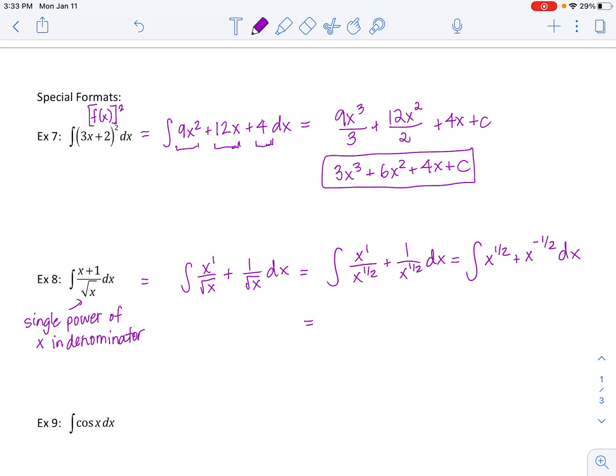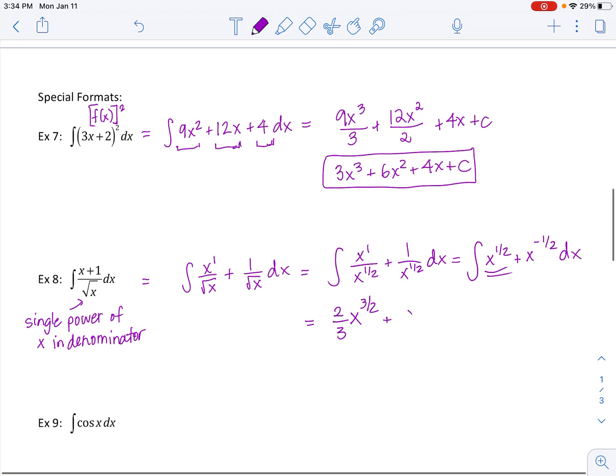So now let's do the first one. X to the 1/2 becomes x to the 3/2. And again, it's divided by 3/2, which makes better sense to write as multiplying by 2/3. The next one is x to the negative 1/2. So again, when you integrate that, you have to do negative 1/2 plus 1, which is positive 1/2.